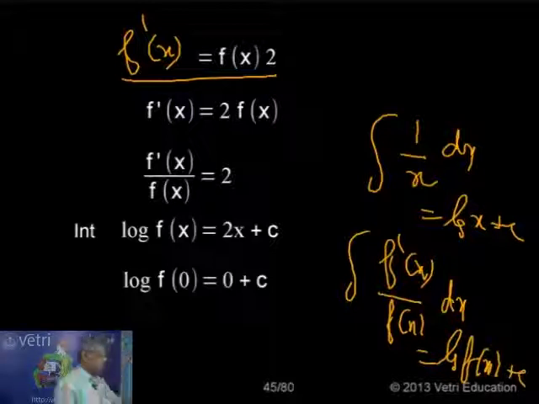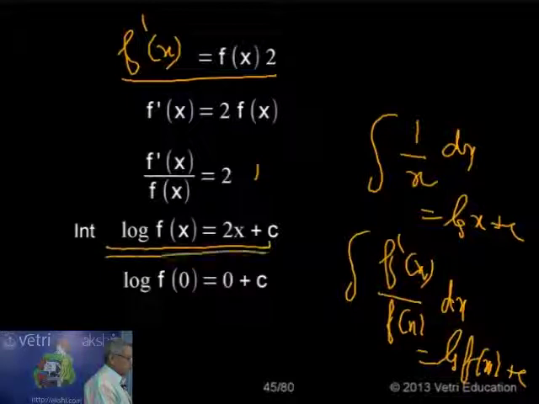So here, we are having f dash x by f(x). Integrating both sides, you get log of the denominator, because differentiating log f(x) gives 1 by f(x) times f dash x. Integrating 2 into 1, you get 2x plus some constant. This result is true for all x. In particular, when x is equal to 0, log of f(0) is 0 plus c. f(0) is 1, given.